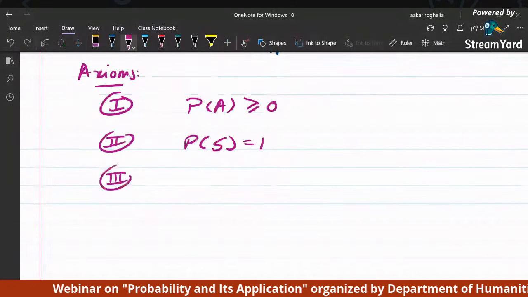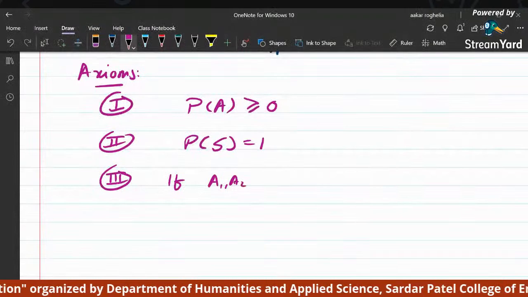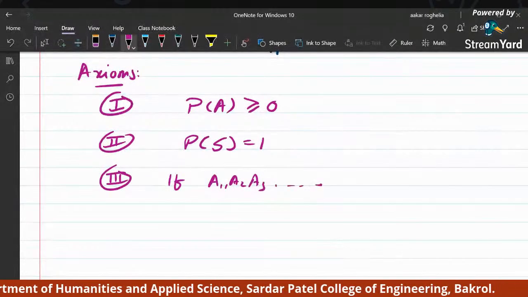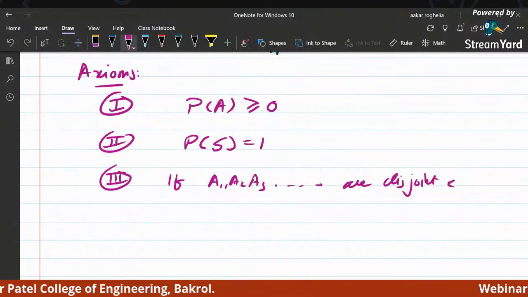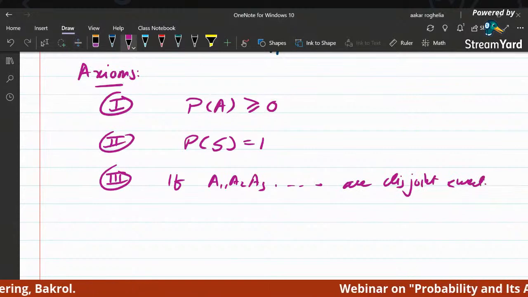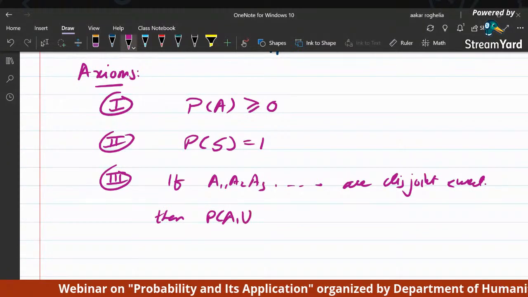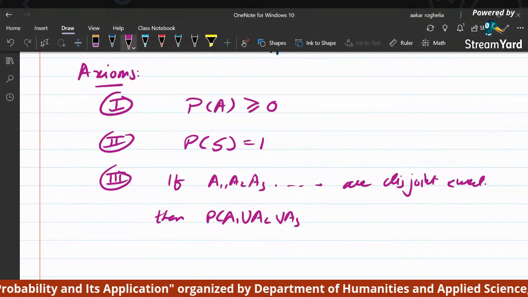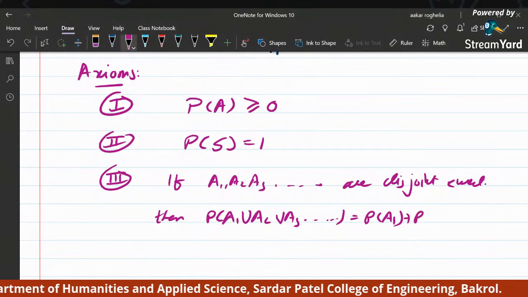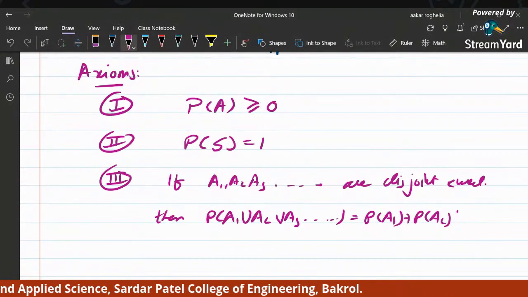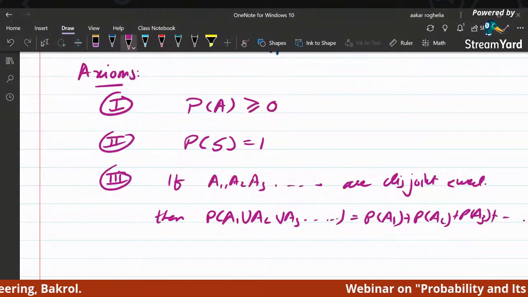And axiom number three: if A1, A2, A3, and so on are disjoint events, where disjoint means there is nothing in common, then P of A1 union A2 union A3 and so on will be the same as P of A1 plus P of A2 plus P of A3, and so on. This is how the three axioms are.